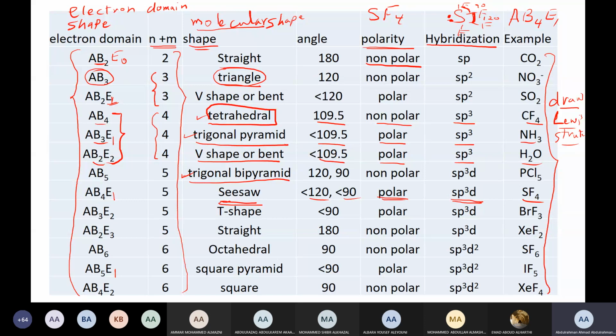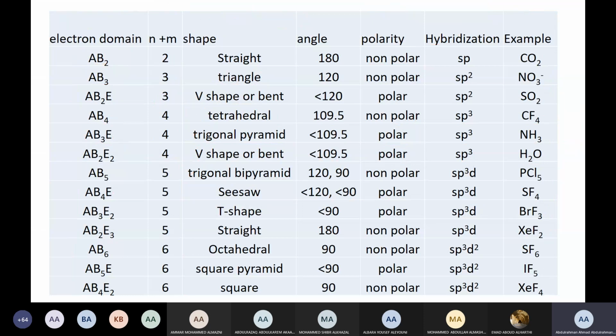As I said, this table is extremely important, so sit down and don't just read it like this. For example, let's take IF5.